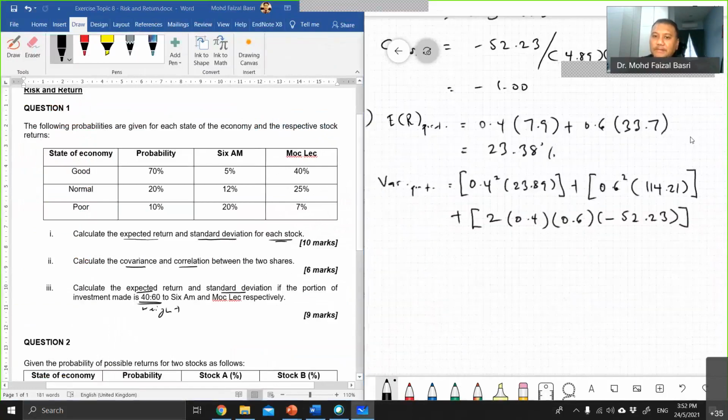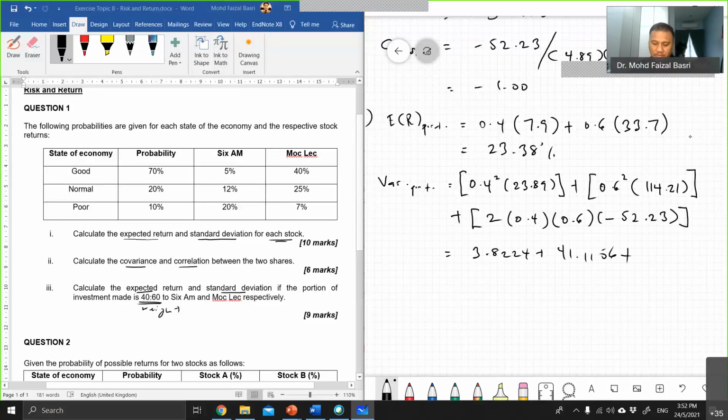So what happened to our variance? 0.4 squared times 23.89 plus 0.6 squared times 114.21. I just write it here first: 3.8224 plus 41.56.